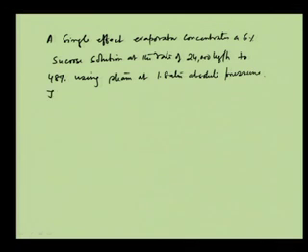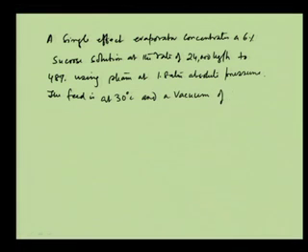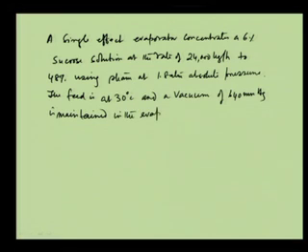Now, the feed is at 30 degree centigrade and a vacuum of 640 millimeter mercury is maintained in the evaporator. That means it is a single effect evaporator under vacuum of 640 millimeters, so the absolute pressure is much lower.